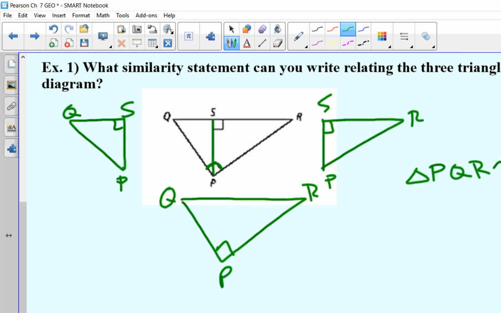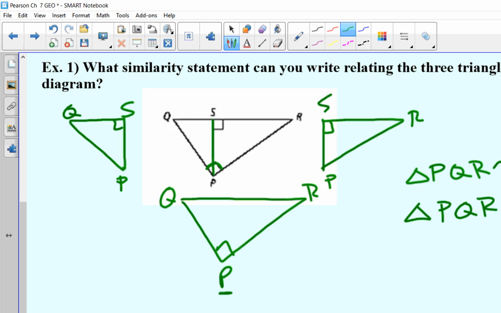We started with the right angle at P, so the right angle here is at S, and they went PQ, so we go opposite that: PQS. They stuck with the bigger one for a second time.